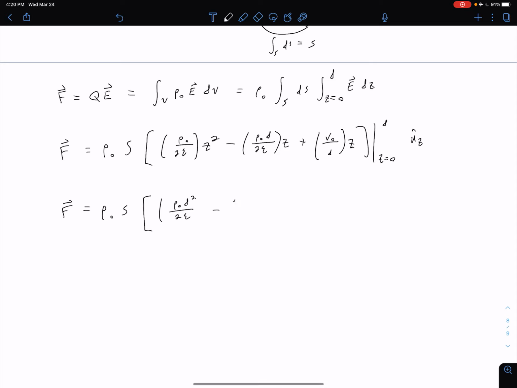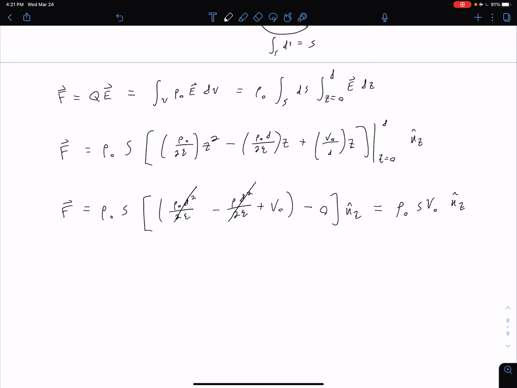And we're going to subtract from that rho naught d times d, which is also going to give us d squared over 2 epsilon, plus our V naught, because we have d divided by d, which will cancel out. When we evaluate at 0, that just gives us 0, again still in our z direction. So these two terms are going to cancel out, and we're left with just rho naught S times V naught in our z direction.